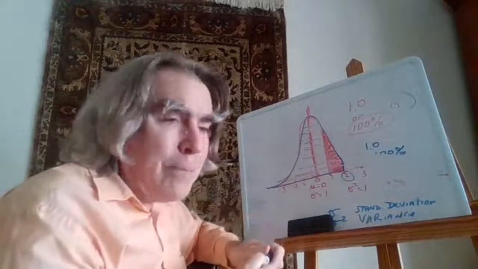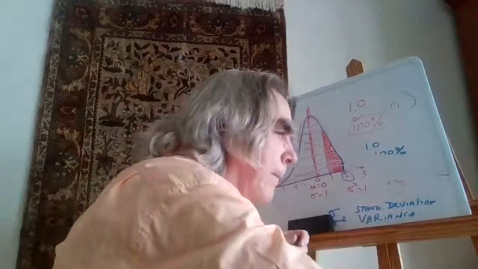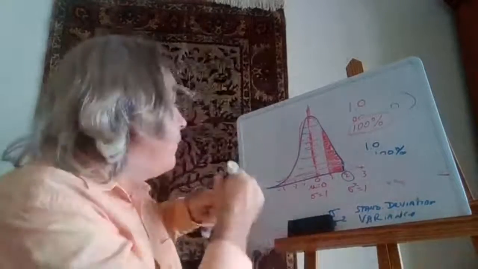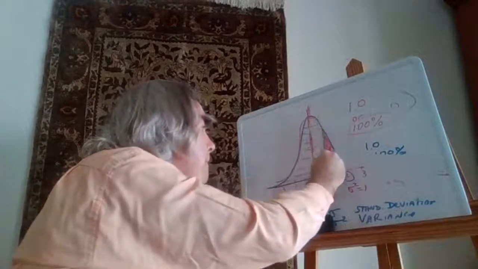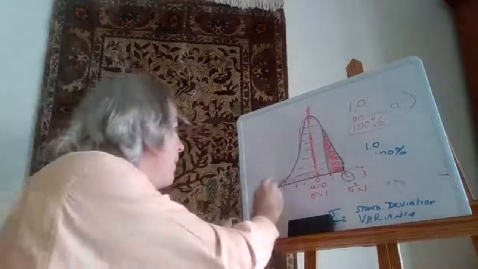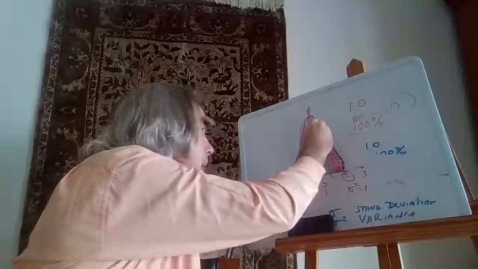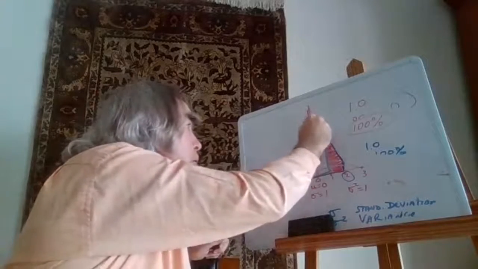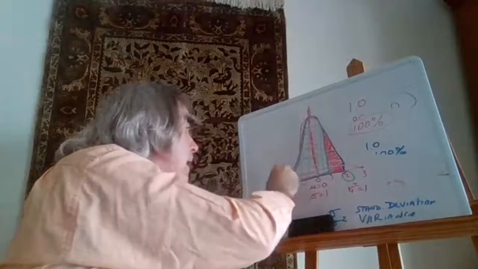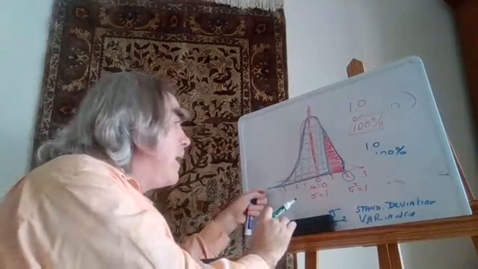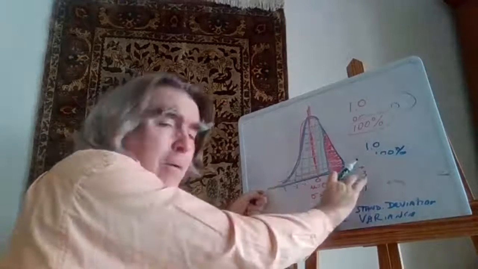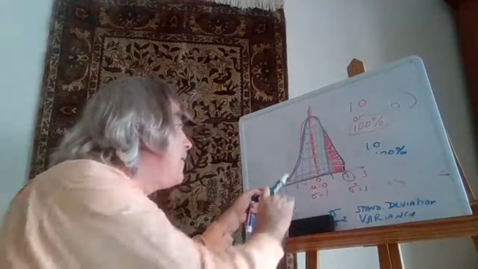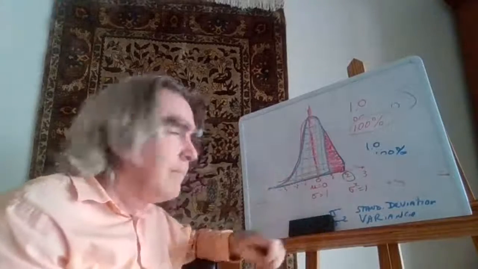Well, the table also would have given us a different spot. Let's take green. Hopefully these markers work. From the table, I could have gotten this green area. The purple area was minus infinity all the way to 2. The green marker was from minus infinity to 1.